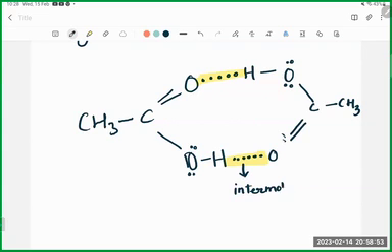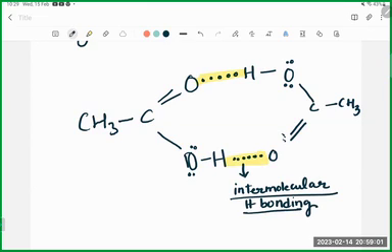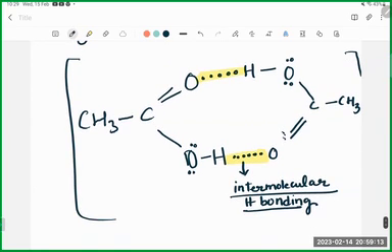Intermolecular, and this is the reason. Intermolecular hydrogen bonding. This is very strong and they form a dimer with this. This is what we call the dimer. They produce a dimer. This is a type of structure we cannot see in other functional groups. Correct?